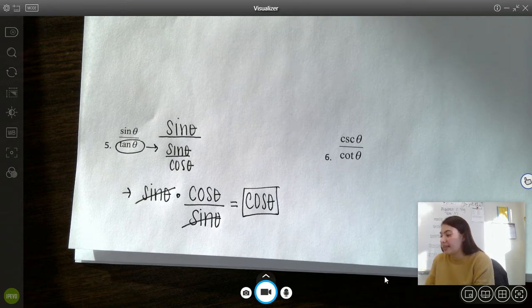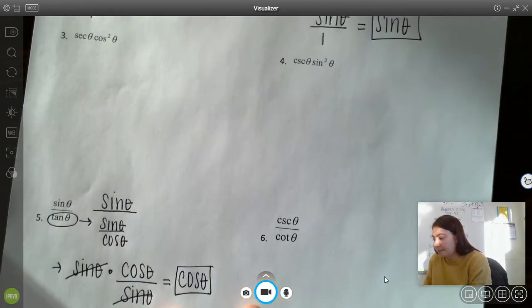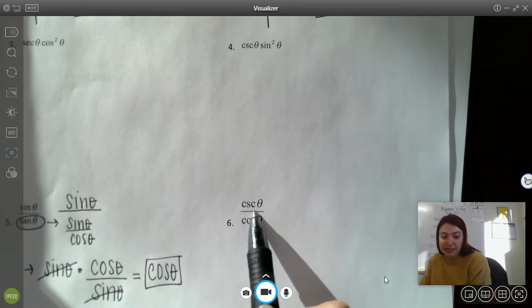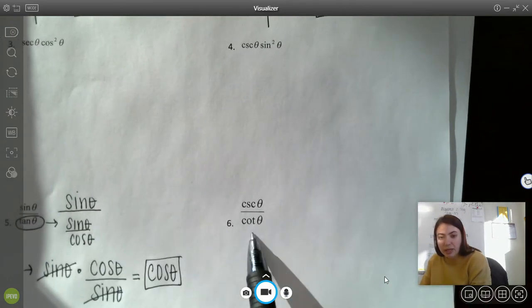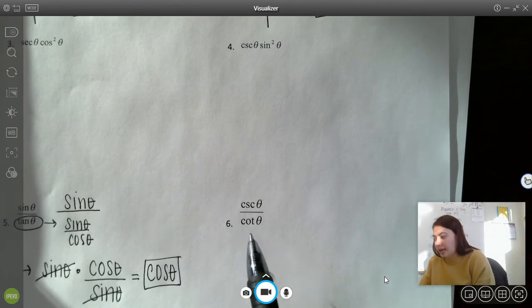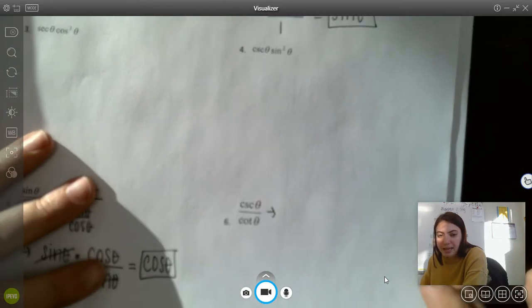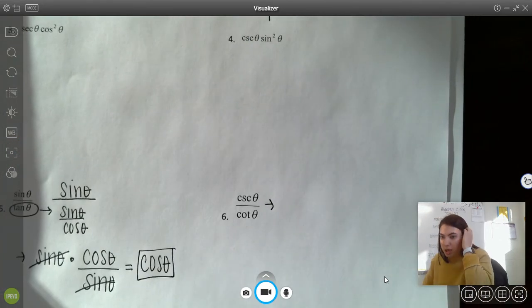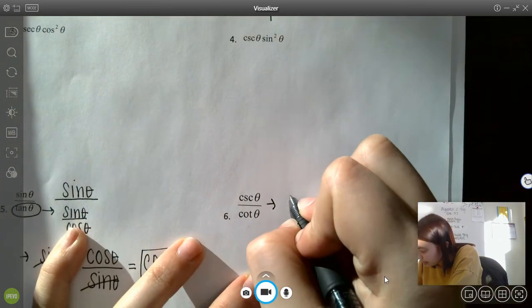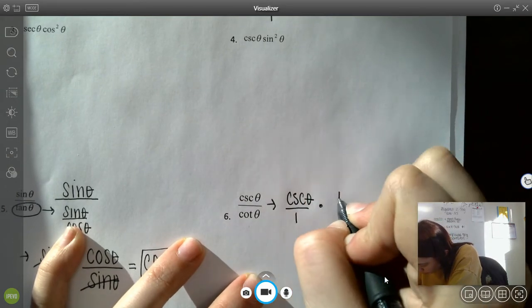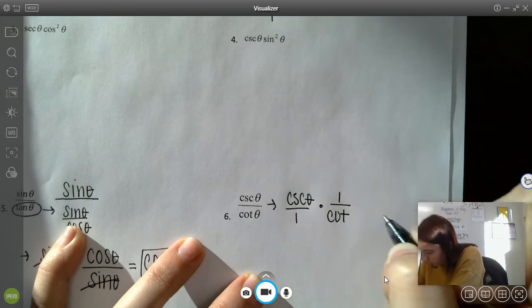Now let's take a look at this next example, number 6. We know number 6 is the cosecant of theta, the reciprocal of sine, and we know the cotangent is in our denominator. Sometimes we like to break these apart. Division is really just multiplication. It's the cosecant over 1 times 1 over the cotangent.